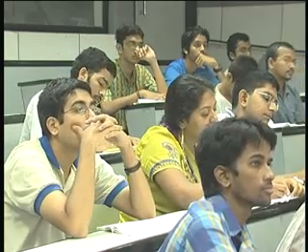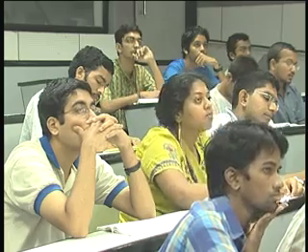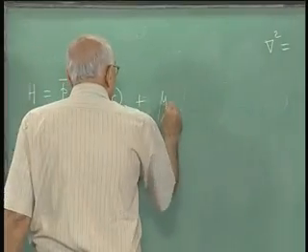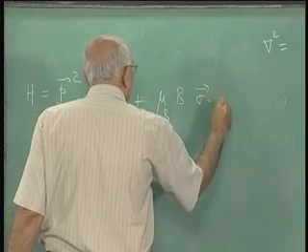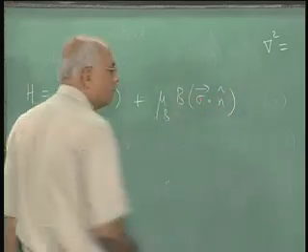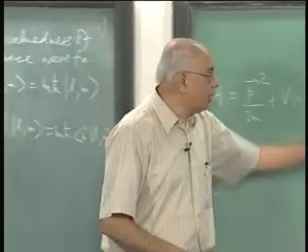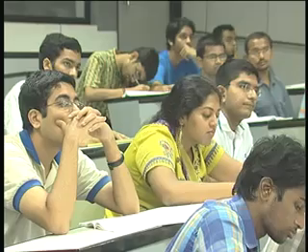Then this Hamiltonian has an extra term, and we saw if it is an electron, mu Bohr magneton times B times sigma dot n, where this n was the direction of the magnetic field.